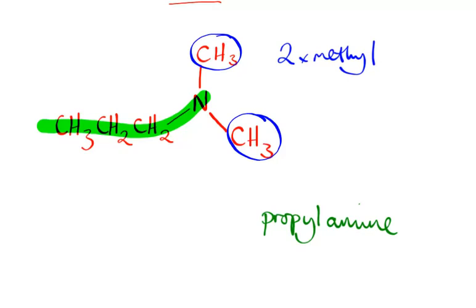So they both need the capital N in front of them. We'll do them at the same time because it's dimethyl. So this is N,N-dimethyl propylamine.